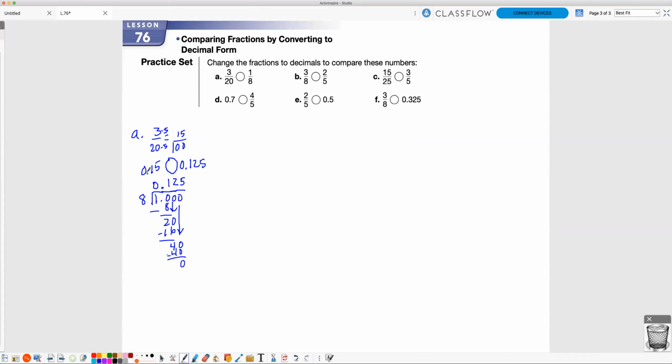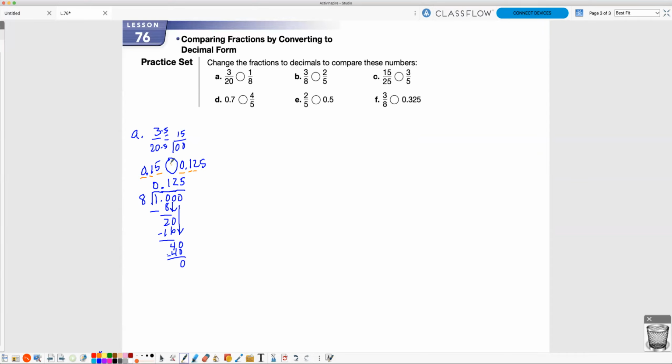Now, if I compare these, I have to look at each place value. So I'm going to look at the first place value that I've got, the 0. The 0 actually would be the same in this one as it is in this one. The tenths place has a 1 in both of them. The hundredths place has a 5 here and a 2 there. So that's as far as I need to go.